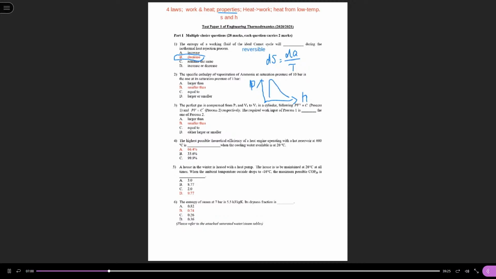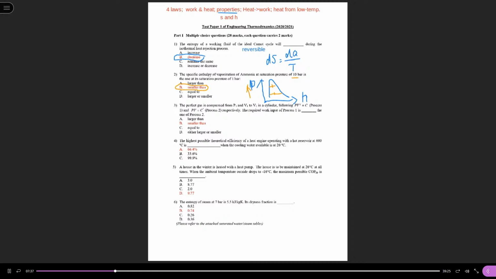With the increase of the pressure, the horizontal line gets shorter and shorter, which means the specific enthalpy of vaporization is smaller at 10 bar with the increase of the pressure.